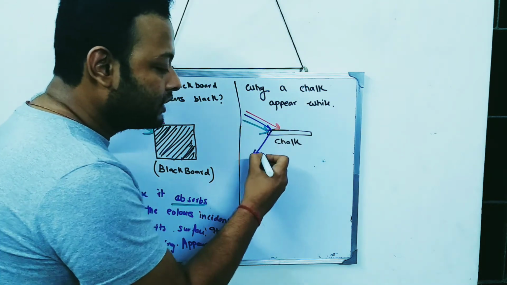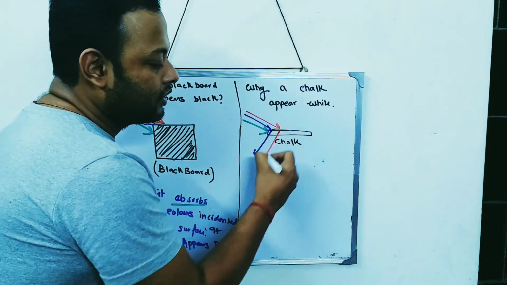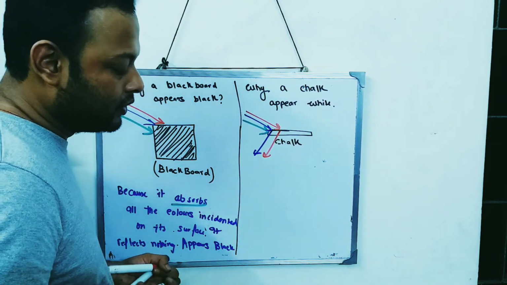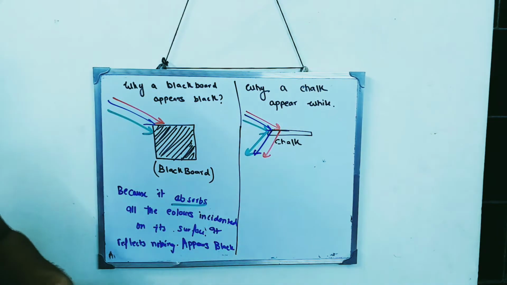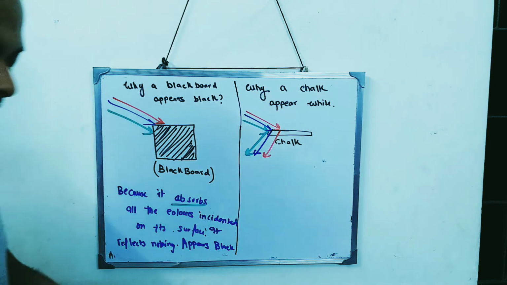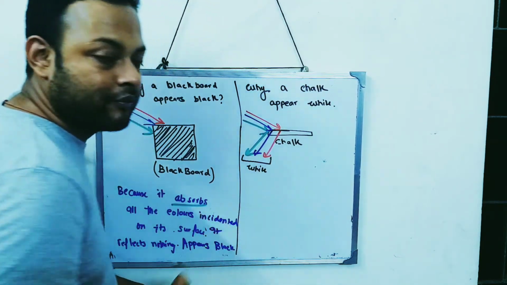The blue, red, and green colors all get reflected, and these three colors combine to give a white appearance.